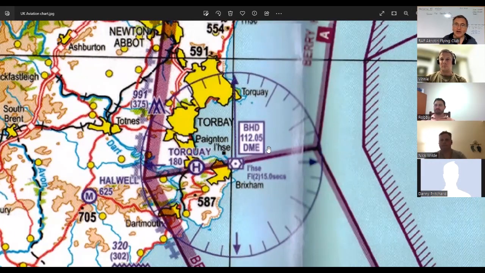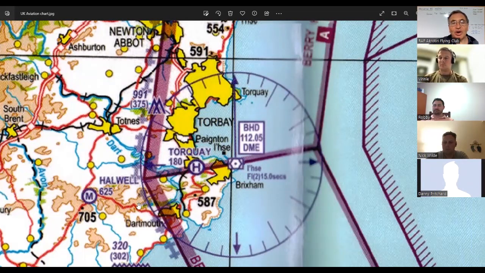It's more or less on an exact line of longitude. So can you see, this is the Torbay VOR. Once again, the ident is Bravo Hotel Delta, which is Brixham. Its frequency is 112.05. It's also got co-located DME, distance measuring equipment, in it.